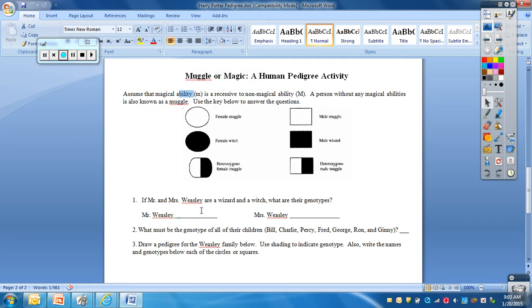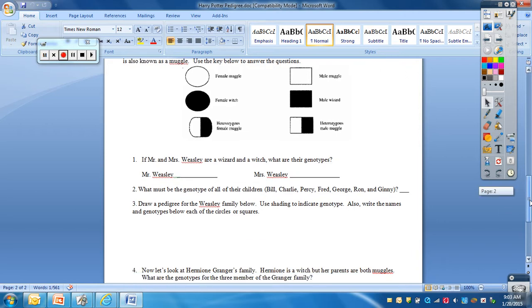It would be little m, little m. Mrs. Weasley is also little m, little m. So they are homozygous recessive. If they are both little m, little m, then all of their children have to be little m, little m. Set up the Punnett square if you don't believe me.